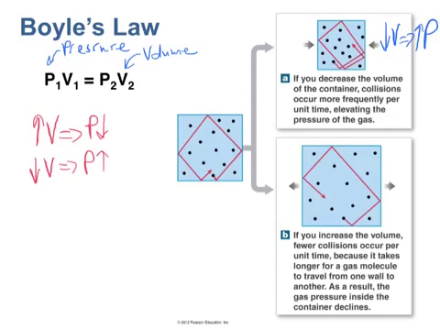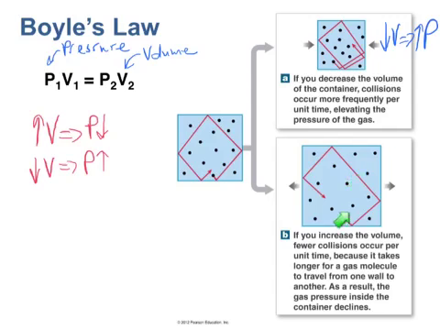Now if you take the opposite situation, same container, same set number of molecules, and you increase the volume of that container, so you pull those walls out, you open it up, the molecules are now more spread out. There's more space between them. They're bouncing into each other less and less.